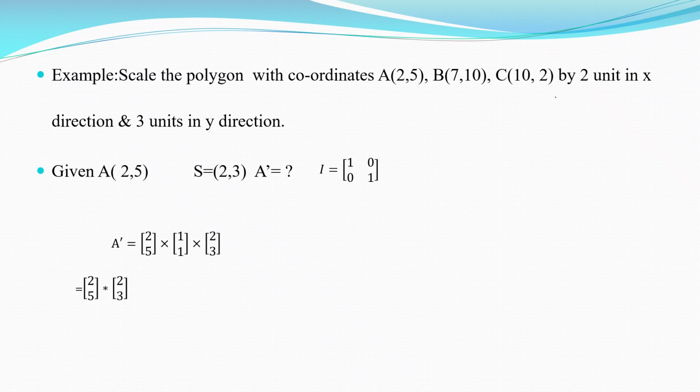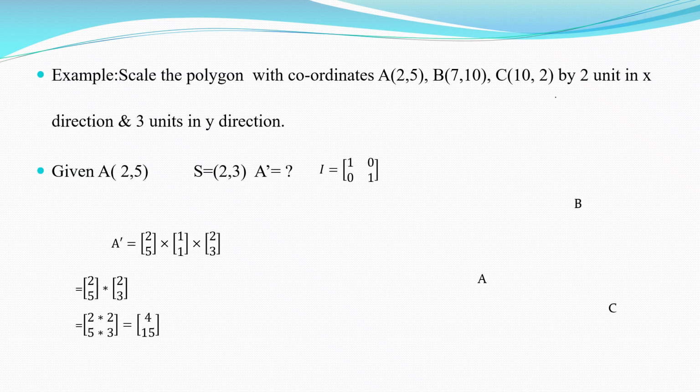We get A dash as 4 comma 15, because 2 into 2 is 4 and 5 into 3 is 15.